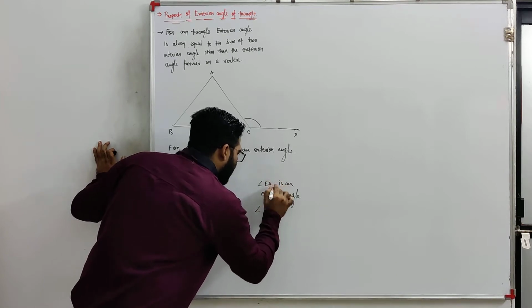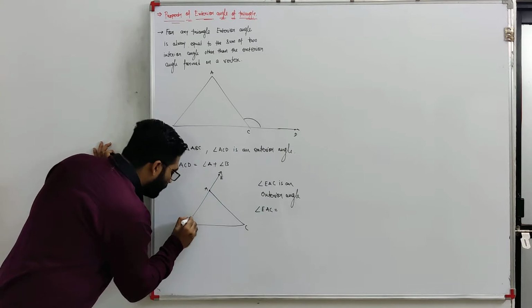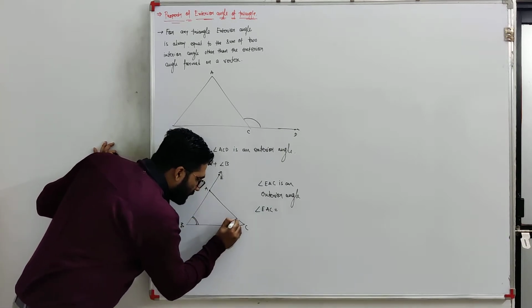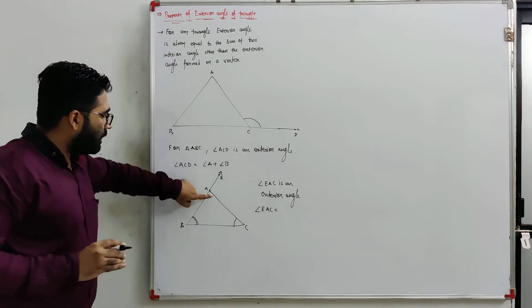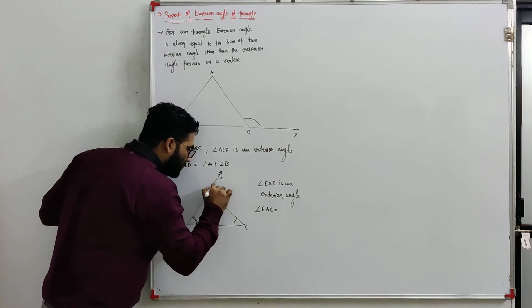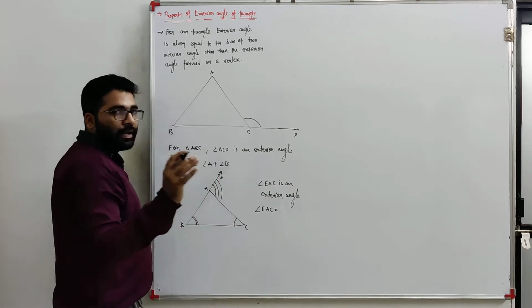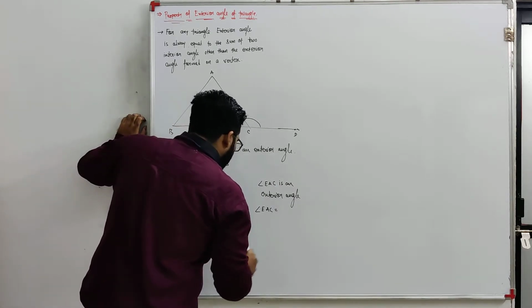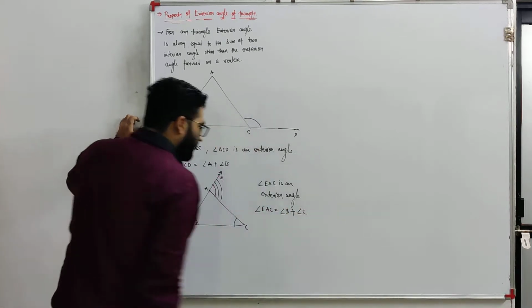Sorry, EAC. Angle EAC is equal to angle B plus angle C. Why? Because as per the property, any exterior angle formed is always equal to the sum of the two interior angles on the other side. So angle EAC is equal to angle B plus angle C.